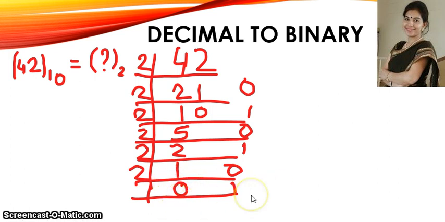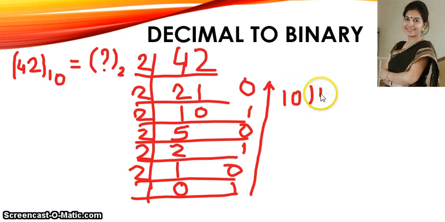Now write the numbers in reverse order. Write all the remainders in reverse order, starting from the bottom to top. That is 1 0 1 0 1 0.